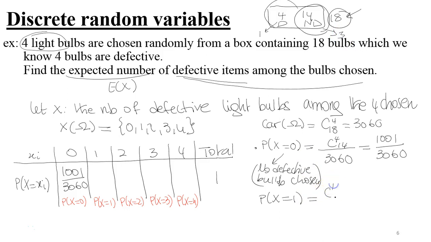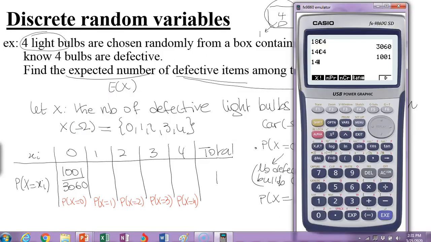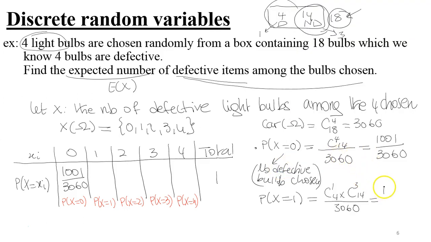So this is a combination of 1 out of 4 times a combination of 3 out of 14, over the total 3060. That's 14C3 on the calculator, times 4, because a combination of 1 out of 4 is 4. So that's 1456.